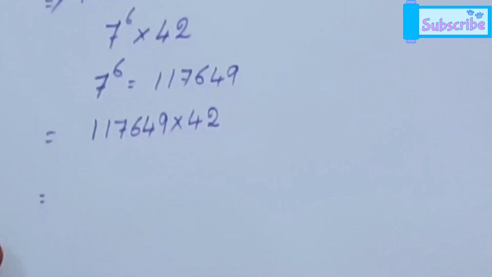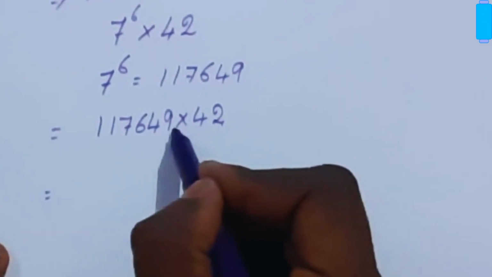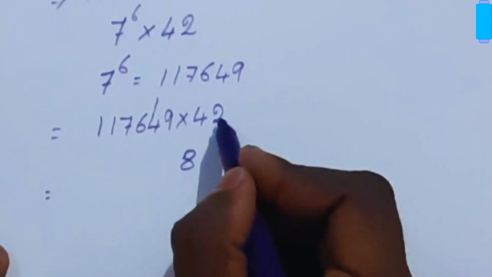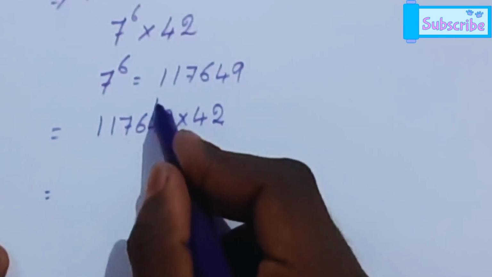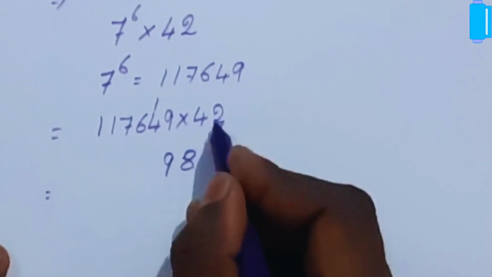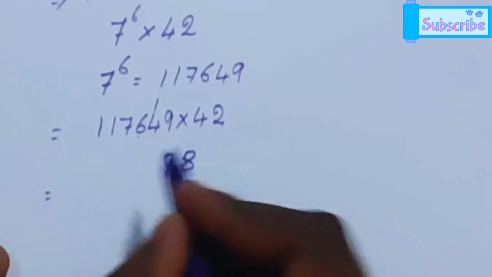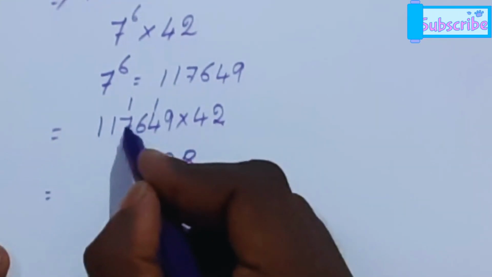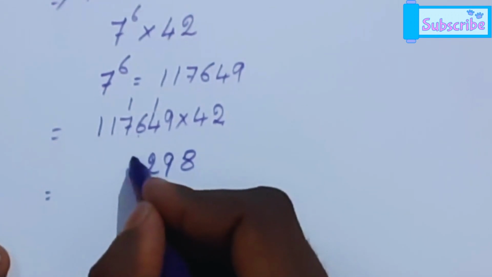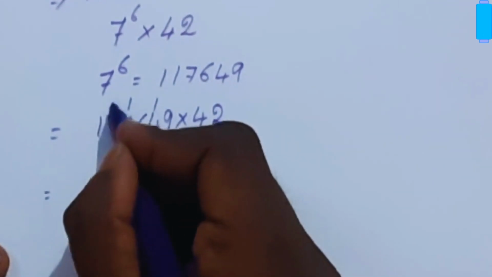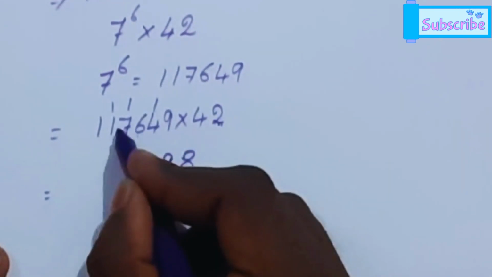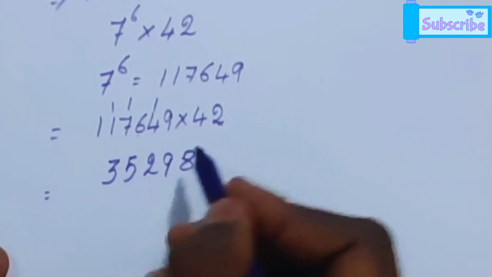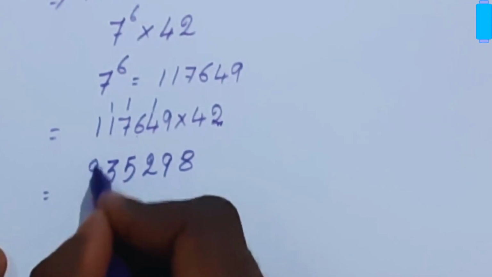Now 2 times 9 is 18, 1 carry, here is 8 plus 1, 9, here 12, 2, carry 1, and 14 plus 1 is 15, 1 carry, here is 2 plus 1 is 3, and here it is 2.